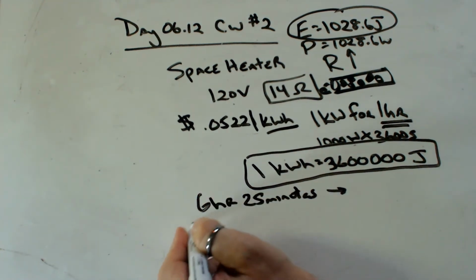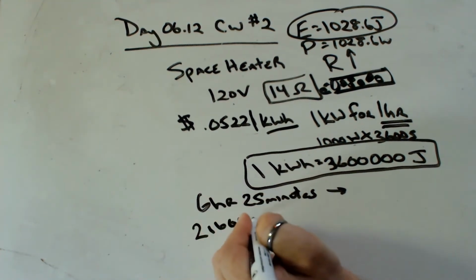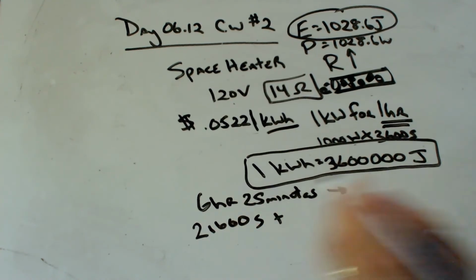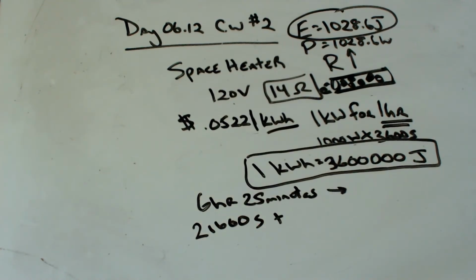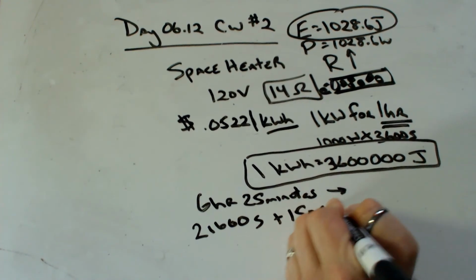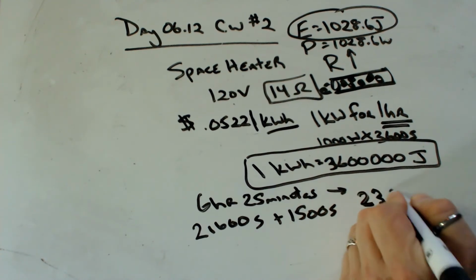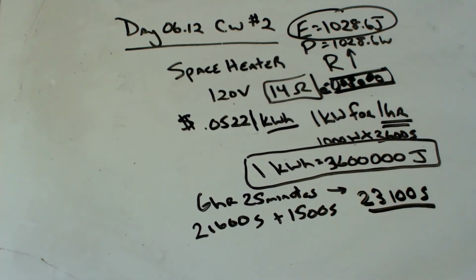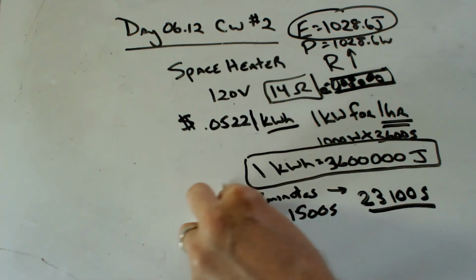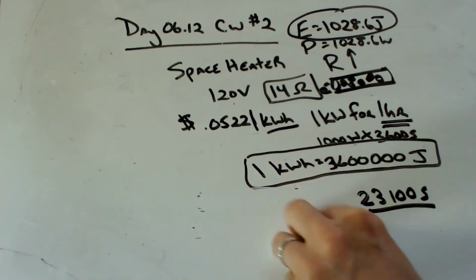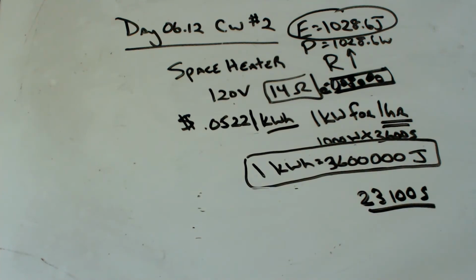So this alone is 21,600 seconds, plus 25 times 60, because we're already in minutes there, is 1,500 seconds. 21,600 plus 1,500 is 23,100 seconds. So the total time that the space heater is operating in this case is 23,100 seconds.